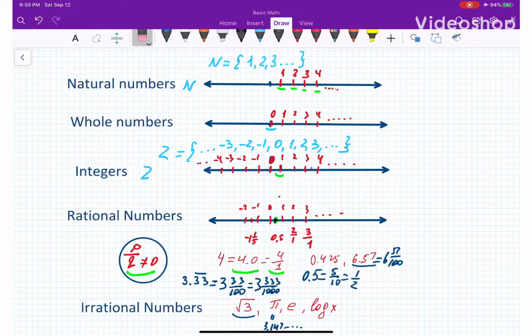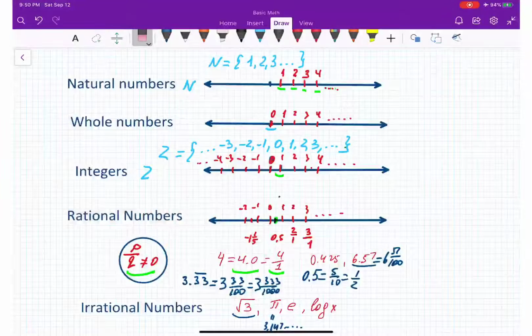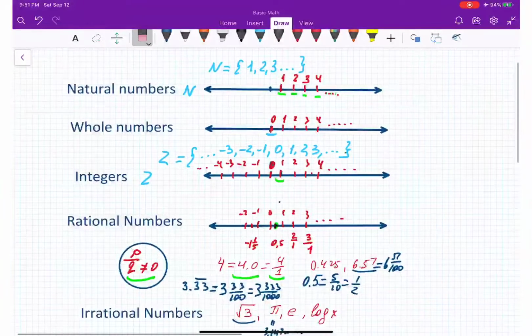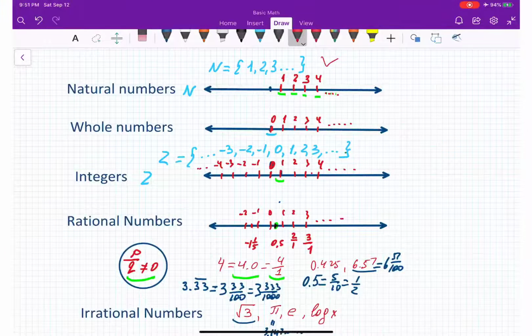So before I start solving problems, I need to explain to you what natural numbers and whole numbers are, because that's all it's going to be about: types of numbers and sets. First of all, natural numbers are the whole numbers besides zero.